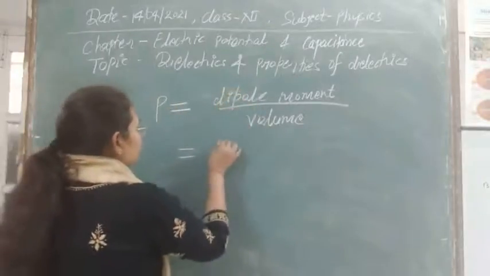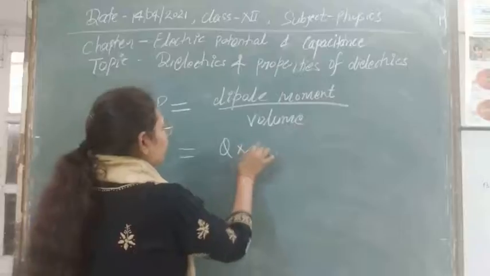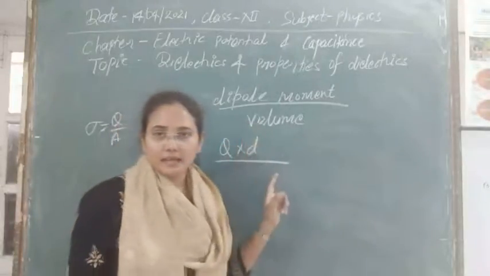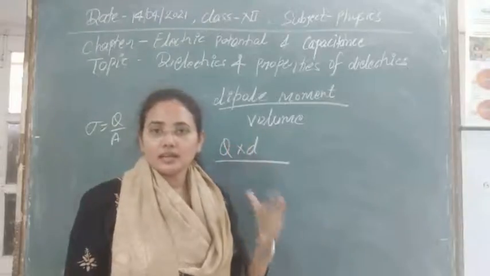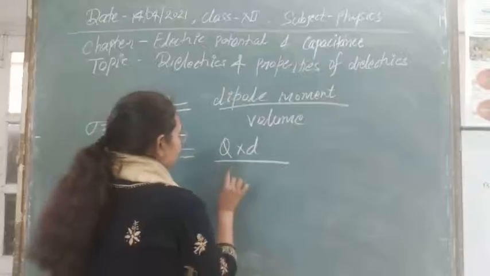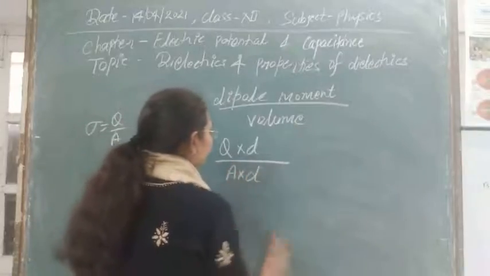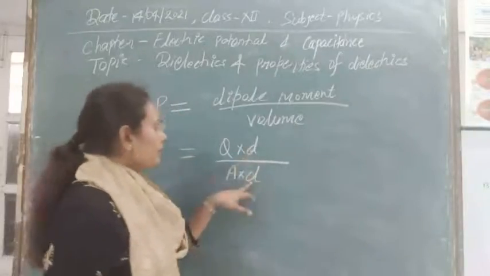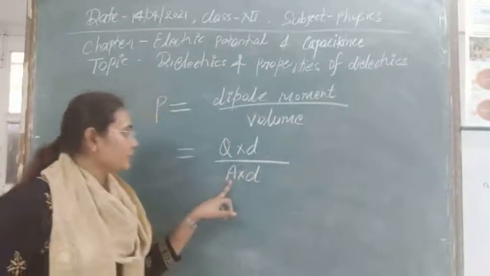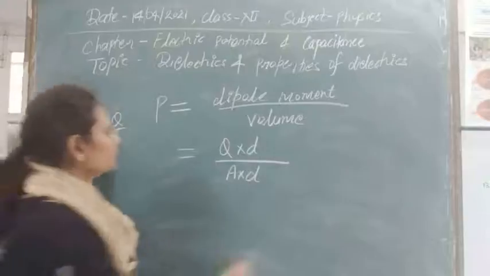So in the place of dipole moment we can write Q into d, and in the place of volume, if the area is A and the thickness is d, then we can write A into d. So the d will be cancelled out. We will see this is equal to Q by A, and Q by A is equal to sigma.